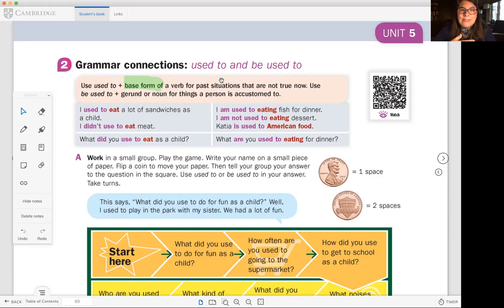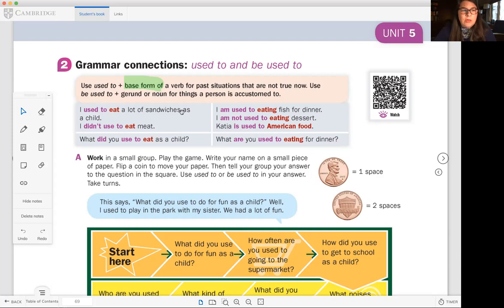Situations and past habits, not just situations. These are things that you did often in the past, repeated, but now you don't. Let's look right here. I used to eat a lot of sandwiches as a child. And you can use negative. I didn't used to eat meat.